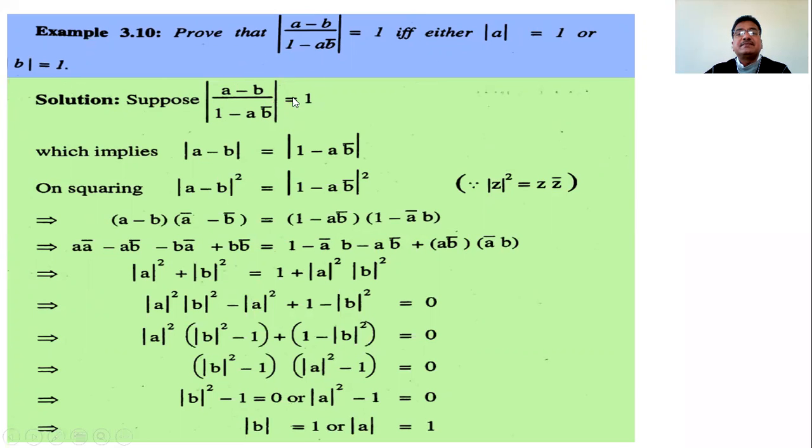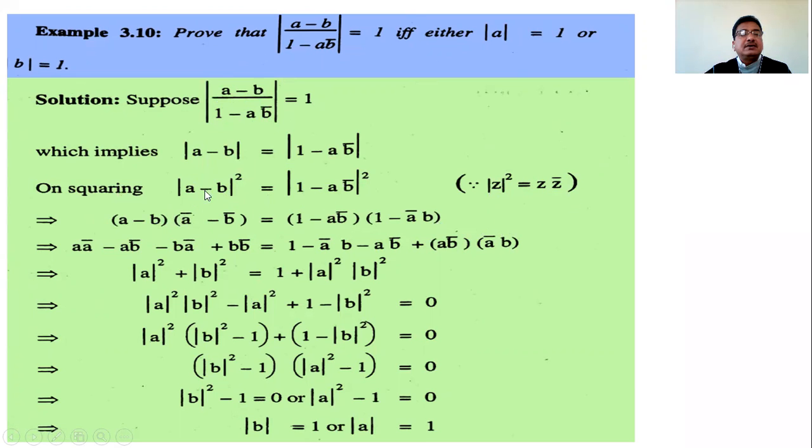So assume this in the first part, and then what we have: separate the mod of Z1 by Z2 as mod Z1 divided by mod Z2, and then shift this mod (1 minus AB bar) to the RHS, and then square both sides, and then use mod Z square is Z into Z bar.